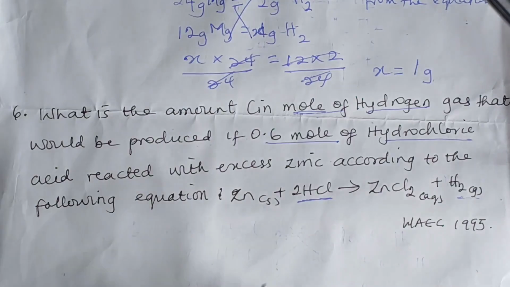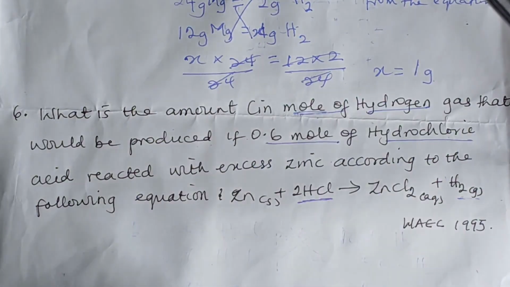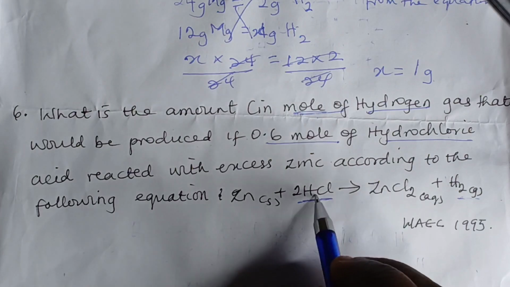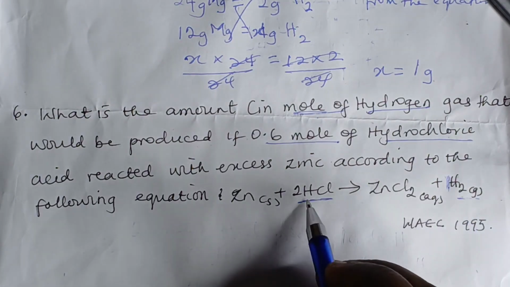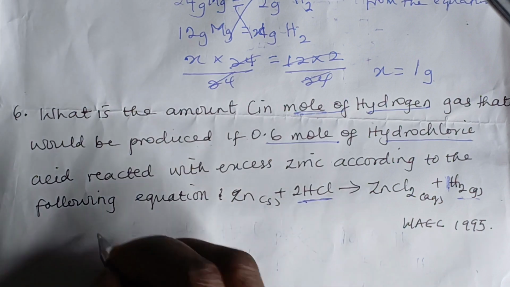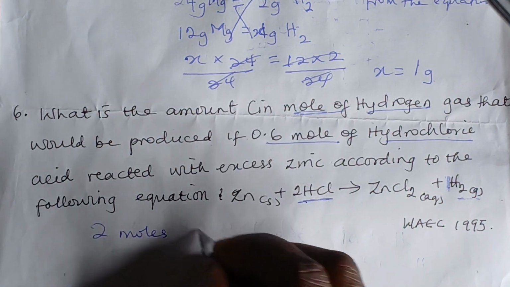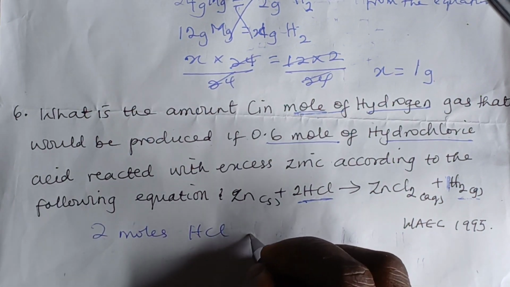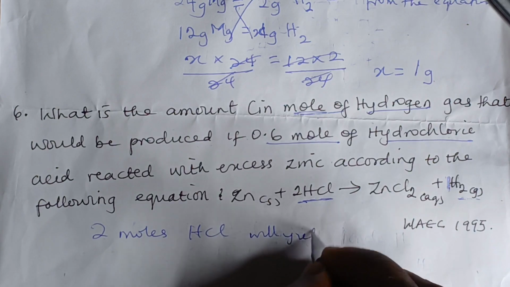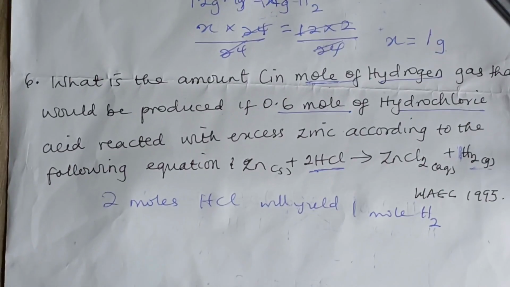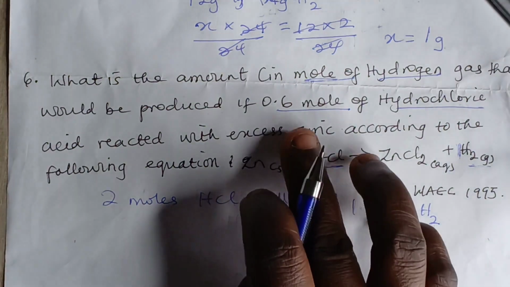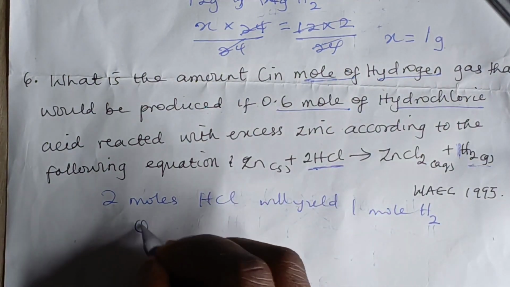But in this case, we are working with mole and mole. So in this equation of reaction, you can see that 1 mole of hydrogen is what we have here, and 2 moles of hydrochloric acid. So 2 moles of hydrochloric acid will produce 1 mole of hydrogen. So the question now is 0.6 mole.